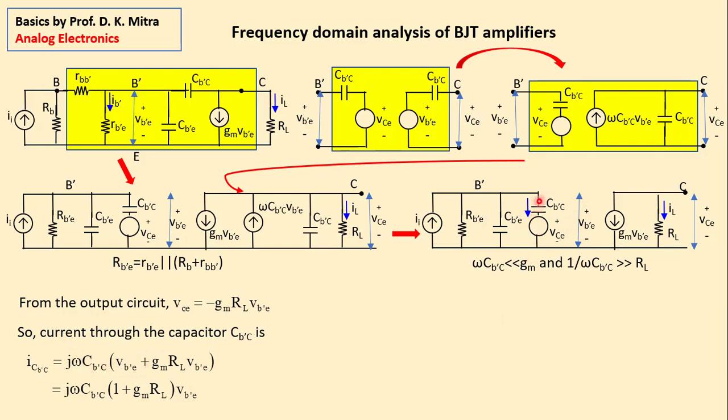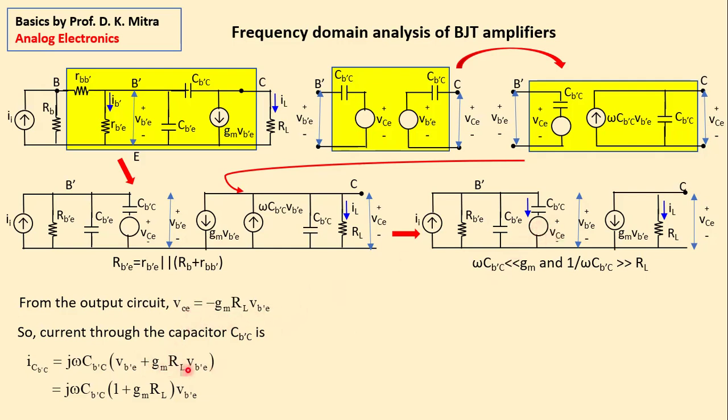And there is another current. This source is trying to give a current, and this source is positive in this direction. So this source current should be taken in a negative direction. But already there is another negative sign, so this will be added. So this current is this source VCE.